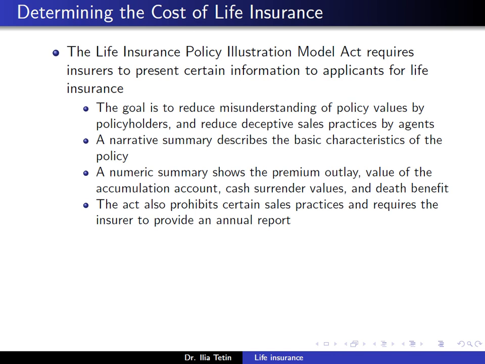Finally, the insurer must provide an annual report on the policy and notify the policyholders when a change occurs in the dividend scale or individual pricing elements that would negatively affect the policy values. The model regulation should reduce misunderstanding of policy values by policyholders and reduce deceptive sales practices by agents.